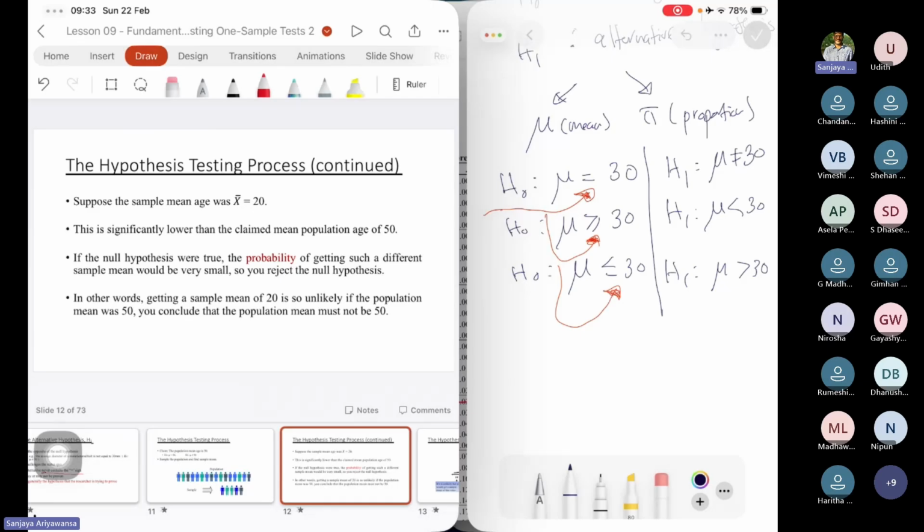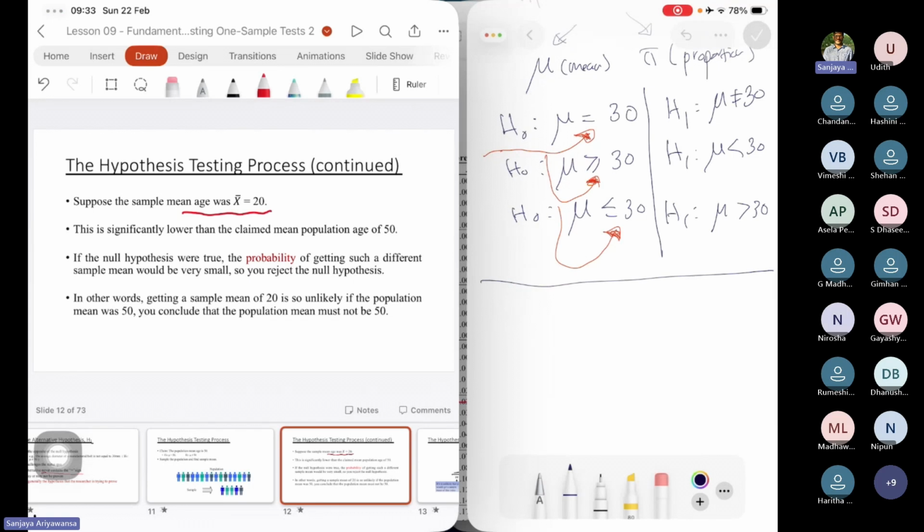Suppose the sample mean of age was x bar equal to 20, and I'm claiming that the mean population age is actually 50. You see this 20 is significantly lower than the claim that I'm making, that the population age is 50. So if the null hypothesis was true, the null hypothesis is H naught: mu equals 50.